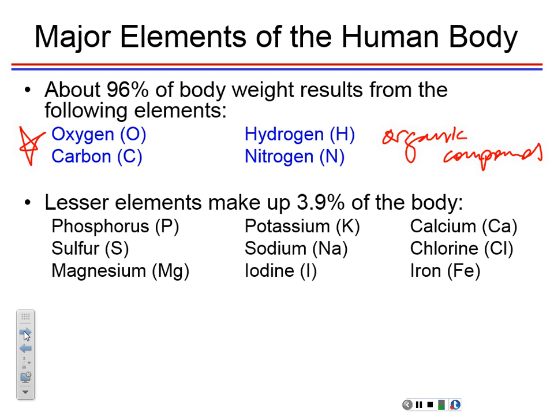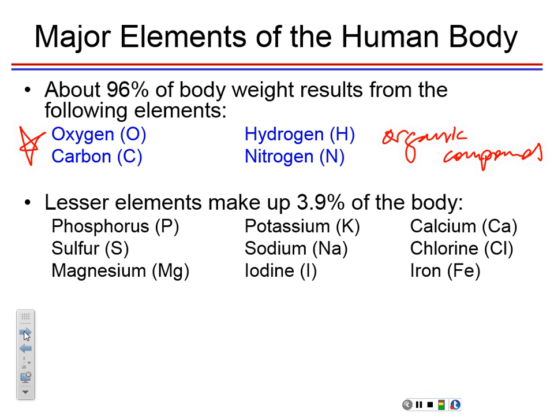Nucleic acids, or carbohydrates, or proteins? Where do we find phosphorus? In which of those 4 organic compounds do we find phosphorus? Yes, nucleic acids. Remember, with the phosphate, the sugar, and the base? All right, where do we find sulfur?